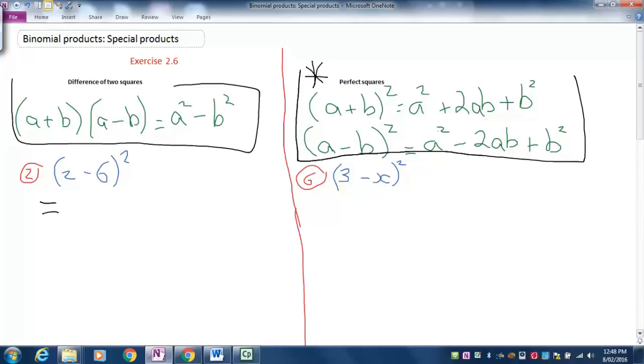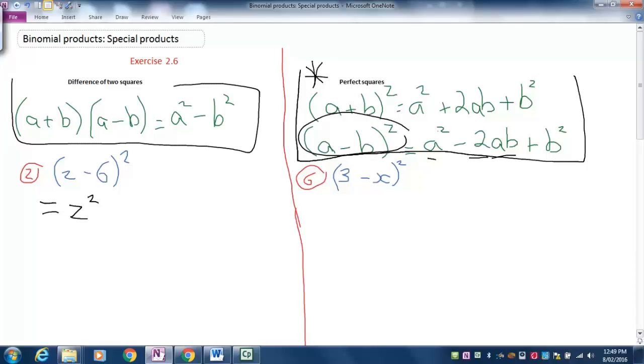So you should be able to see that it takes this form for a minus b all squared. So the rule says square the first term. So z squared is just z squared. And then we take the product of a and b and double it.